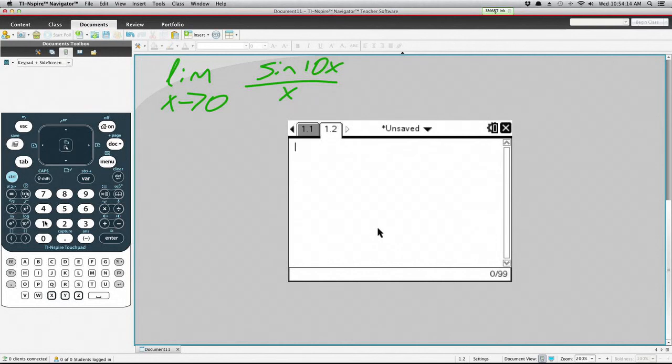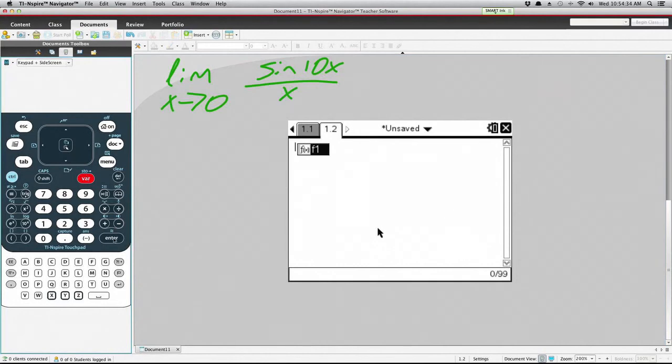Very good. Cole, give me the numbers on the left. Negative 0.001, negative 0.01, and negative 0.1. Very good.